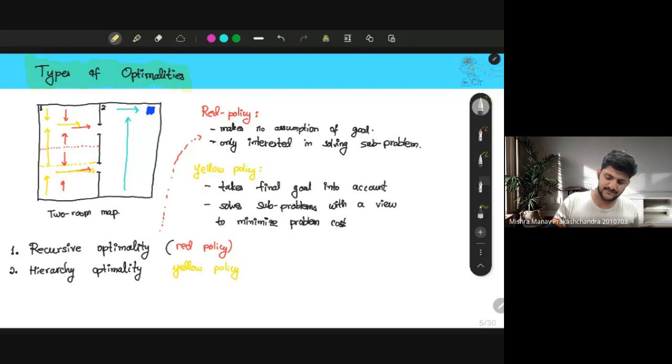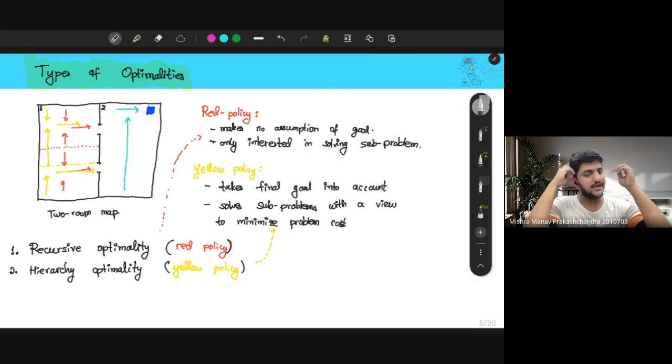Here it has to satisfy the hierarchy, meaning the hierarchy here is it should first exit room one and then go to room two. Keeping the hierarchy in mind, it is trying to be optimal while focusing on the overall problem objective, or the overall problem cost. It tries to minimize the overall problem cost. Whereas the red policy is not interested in the final goal, but is rather interested in solving a sub problem.